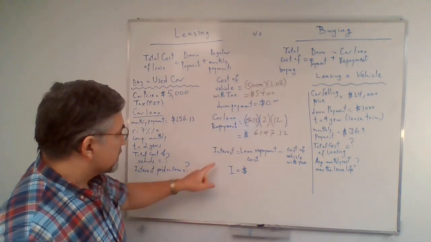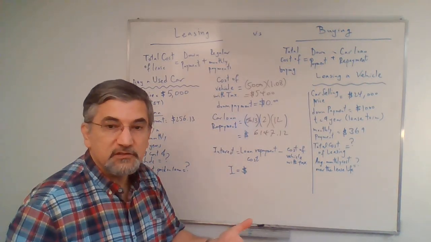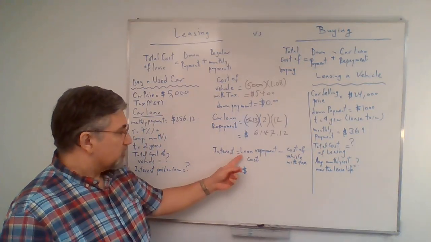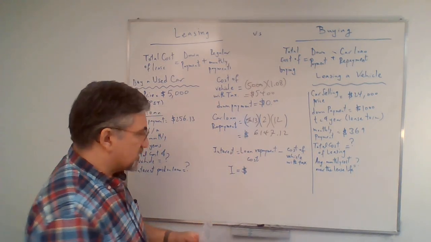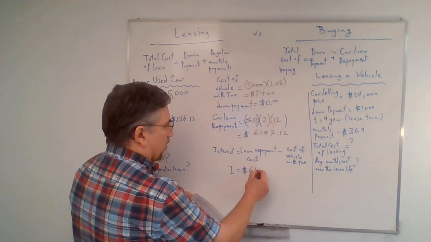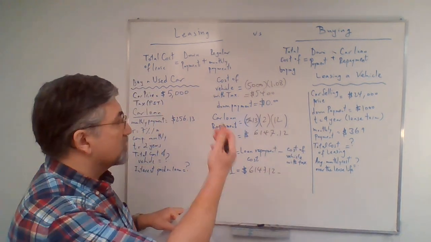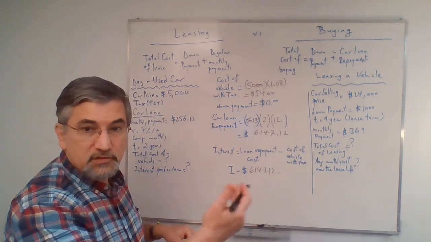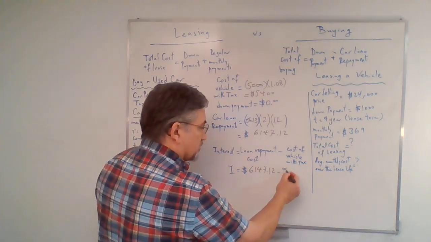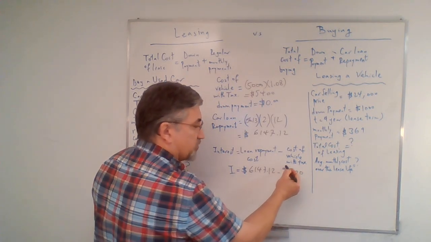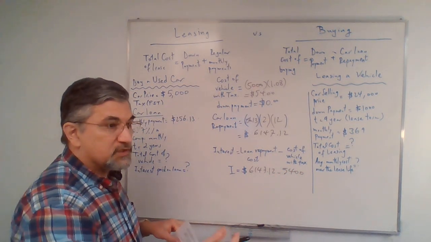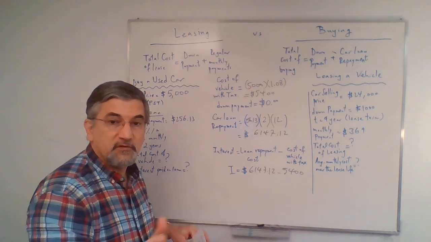Okay. So how much interest did you pay in this transaction? The loan repayment cost was $6,147.12. The cost of the vehicle was $5,400, including the taxes and everything, which of course you chose not to pay on day one. And you decided to ask for a car loan from the bank.